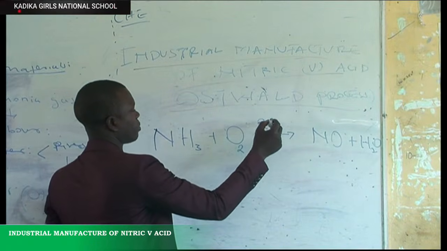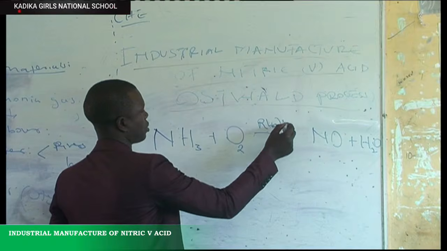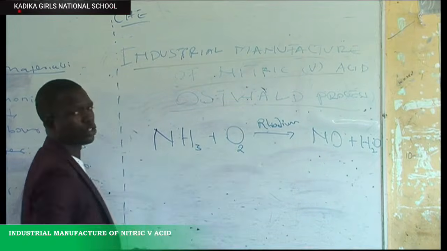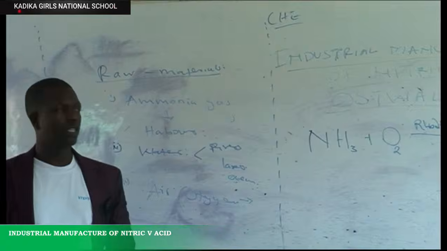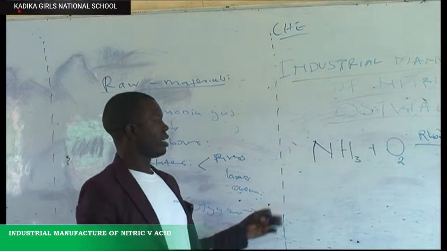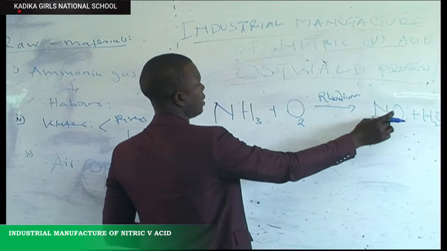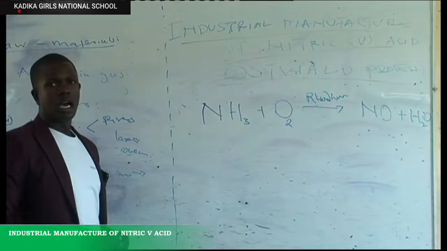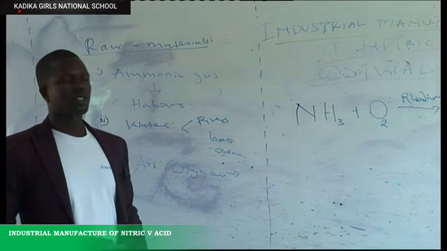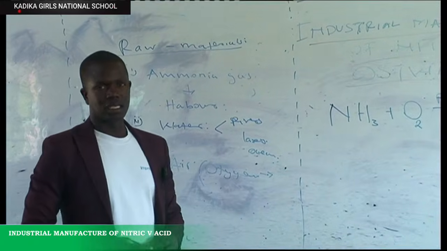The catalyst's role is just to speed up the rate at which the gas is produced. So ammonia gas is oxidized with oxygen to form nitrogen (II) oxide and water in the presence of platinum-rhodium catalyst.